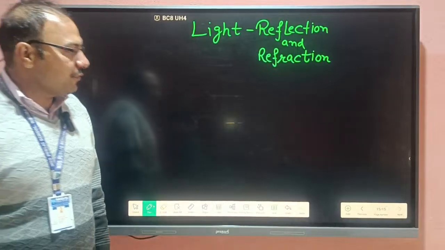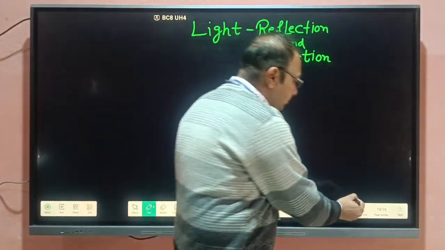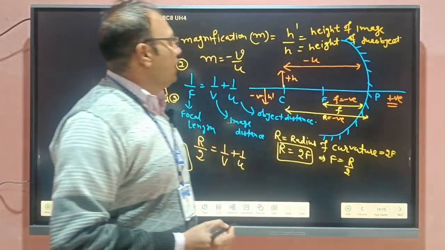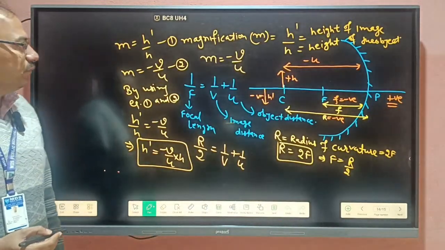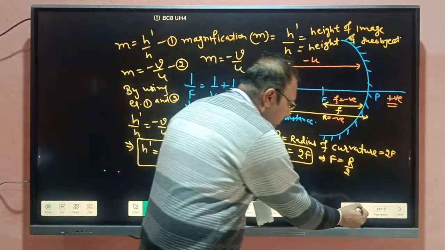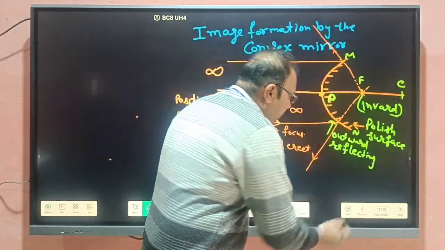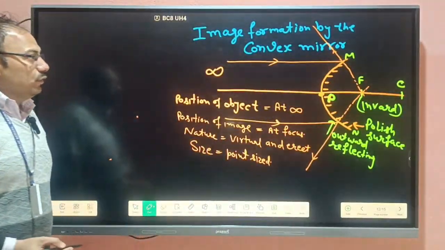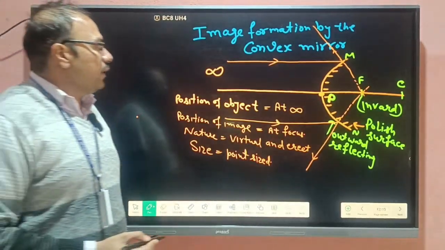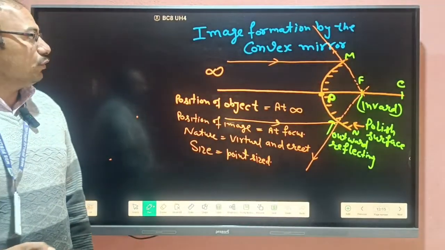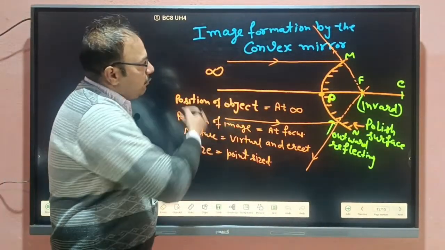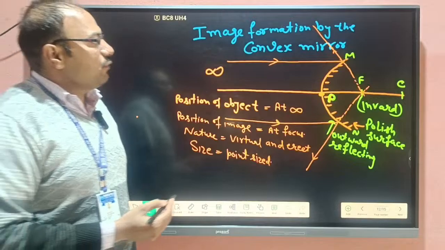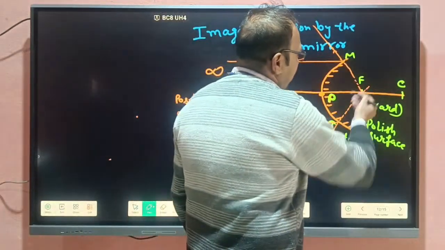Good morning, students. In the previous lecture, we studied image formation by the concave and the convex mirror. In a convex mirror, there are only two images formed. When we put the object at infinity, the image forms at the focus.